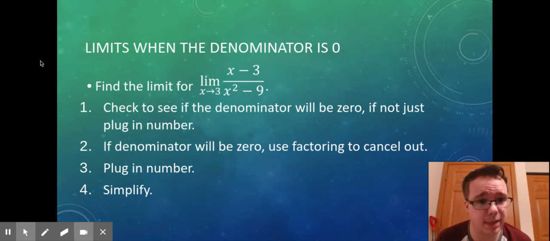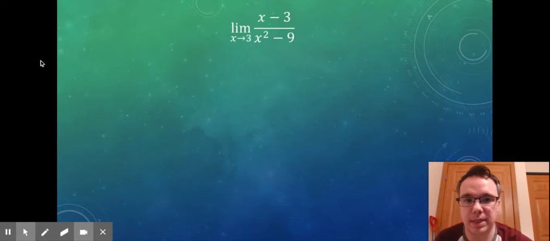You can't take something and divide it into 0 pieces. So since our denominator will be 0 here, we're going to have to use our skills at factoring to see if things will cancel out. And then we can plug in the number to see what our limit will go to. So what number our function is approaching as we get closer to that number. So let's do that example together.